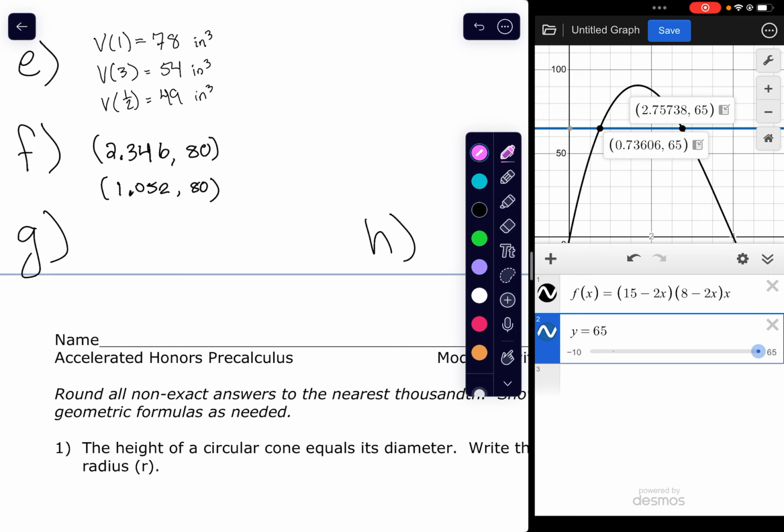I should say that the previous answers are ordered pairs, because right now I'm going to write G as an interval from 0.7 to 2.36 and then 2.757.